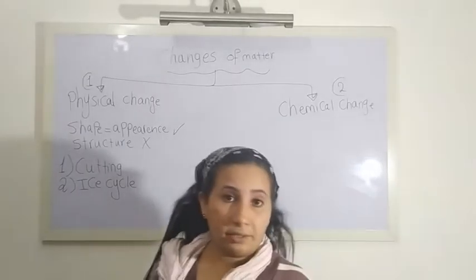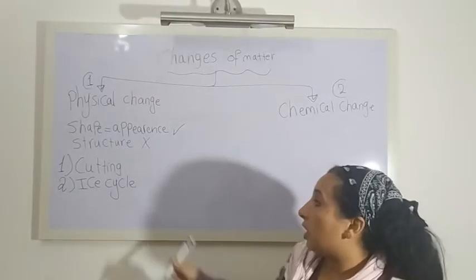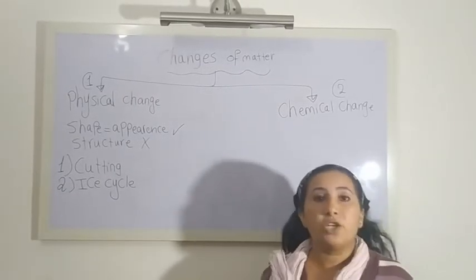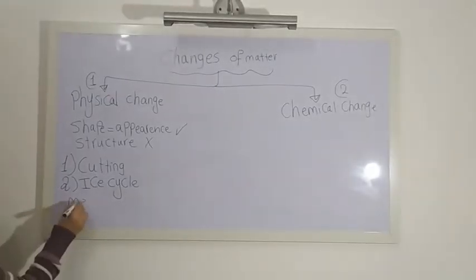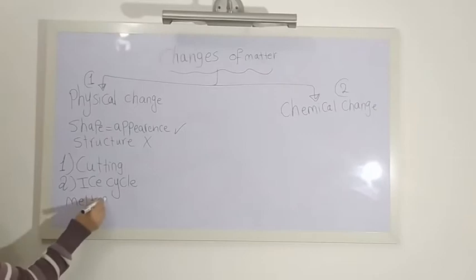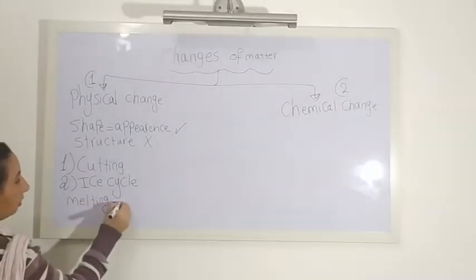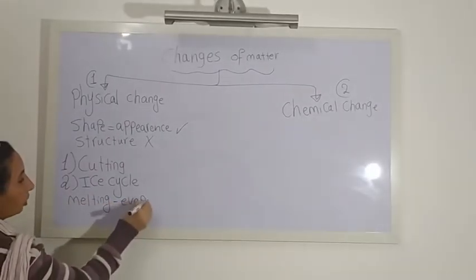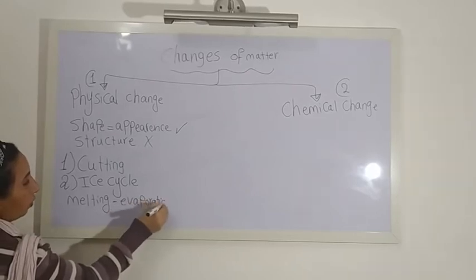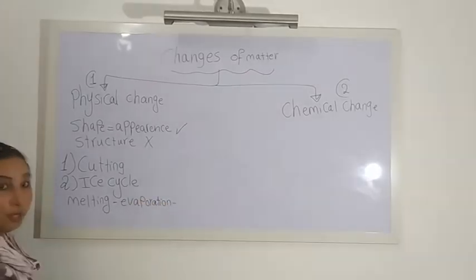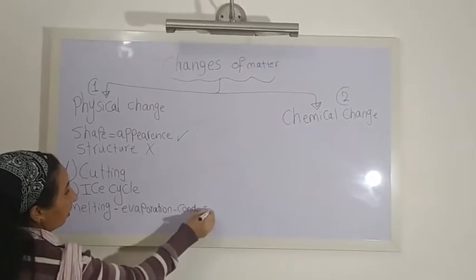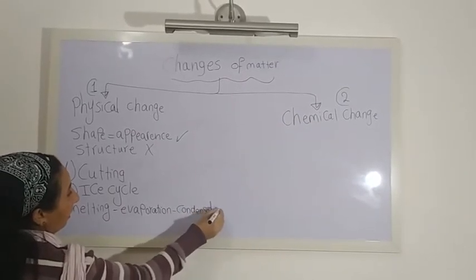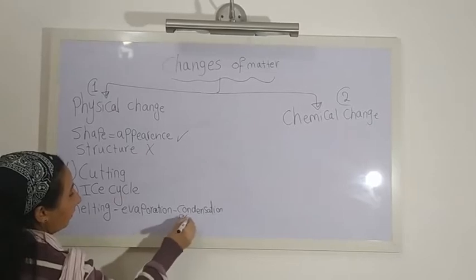The second example is the ice cycle. You know, there is a cycle about ice and water: melting of ice into water, evaporation of water into water vapor, condensation, and freezing.